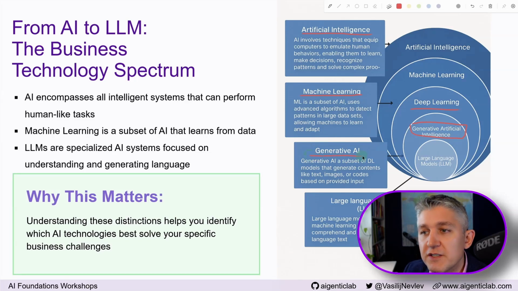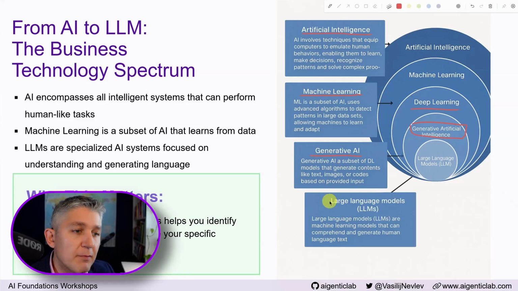Now, next one is generative AI. That's what powers ChatGPT, although there are lots of different forms of generative AI. For example, AI that generates music. An LLM is a large language model. This large language model specifically deals with language, and was trained on plain text from the internet to predict the next word.